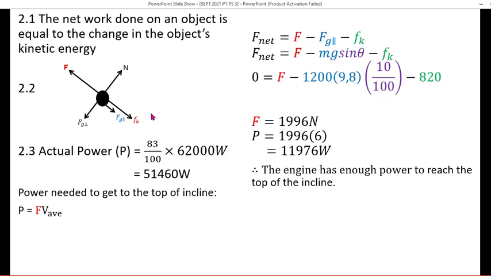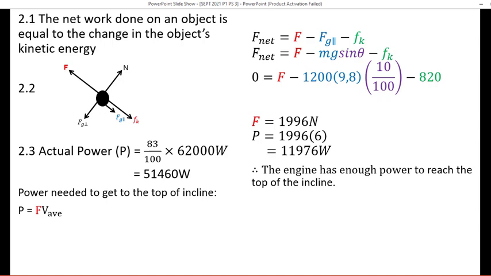Then we plug this value, which is the F, plus the constant speed that we're given, into the power formula that we have chosen, and then we get 1996 multiplied by the constant speed, which is 6. And then when we evaluate that, we are going to get 11,976 watts.